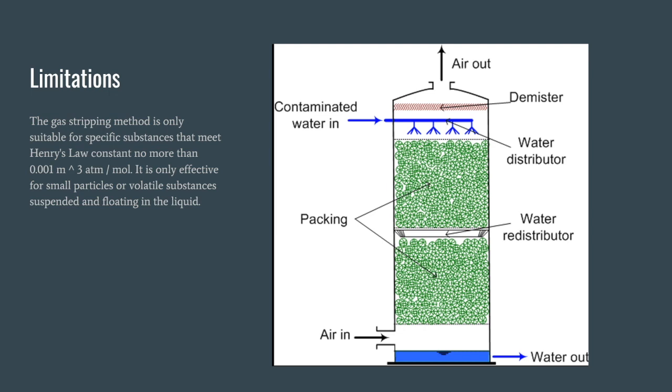It is only effective for small particles or volatile substances suspended and floating in the liquid, so that the air can take the targeted substance out. So if the substance is heavier, the substance will sediment at the bottom of the water and flow out to the effluent.